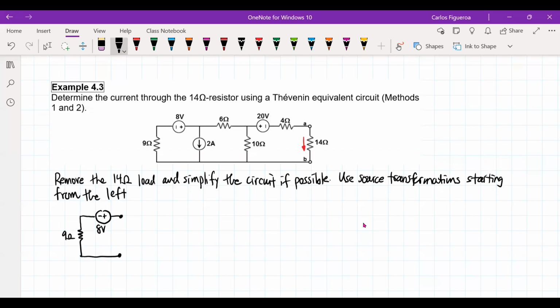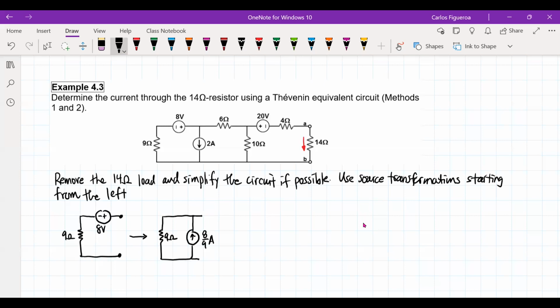If I simplify this, this now becomes the Norton resistance, which is still 9 ohms, and then I get a parallel current source, which is going to be 8/9 of an amp.